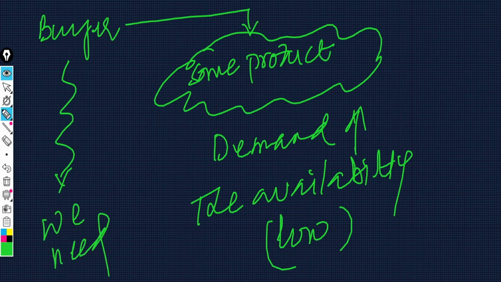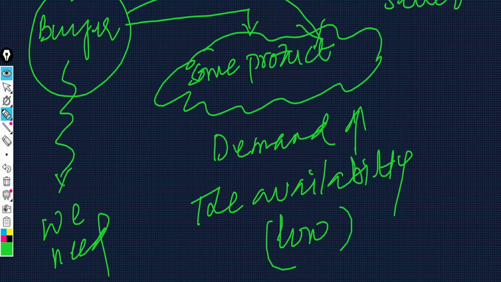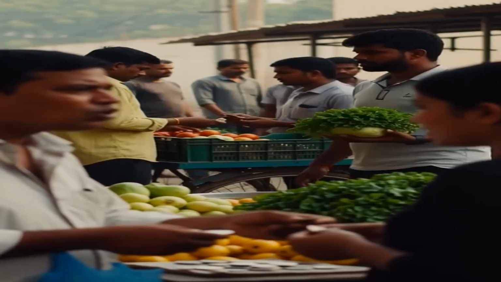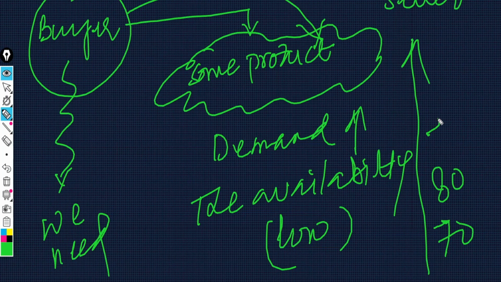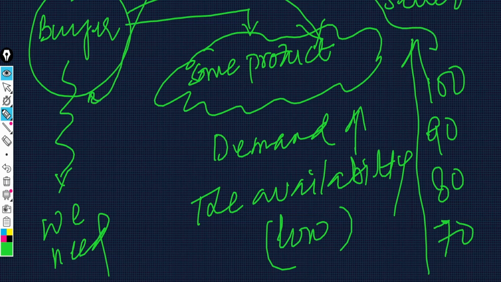What can we do in such a case? We must buy that product. The seller will increase the price: price is going up, you need to pay more, until the buyers agree to pay for that product.